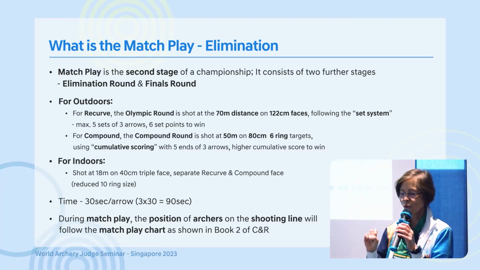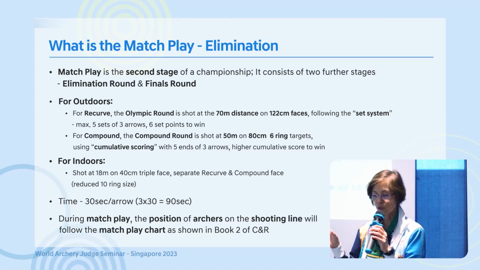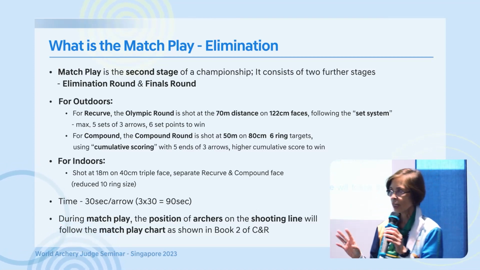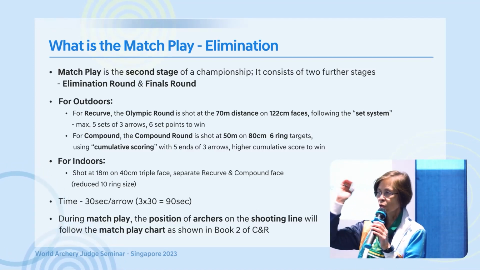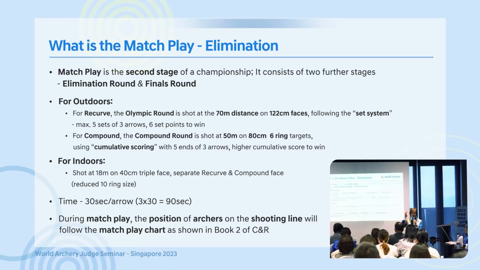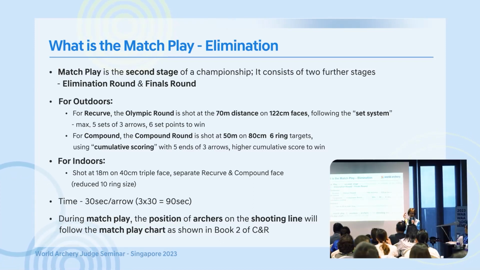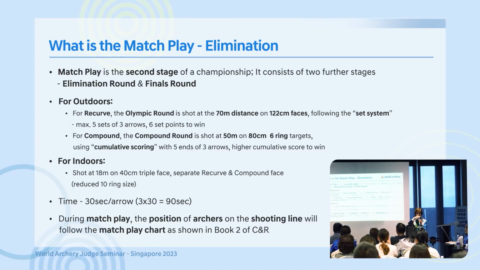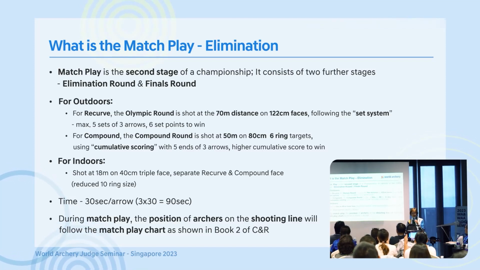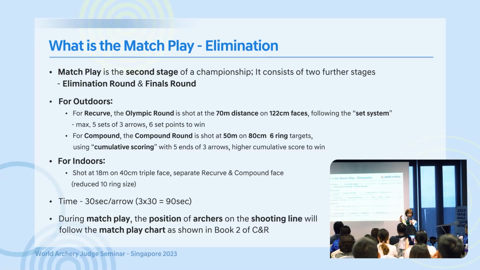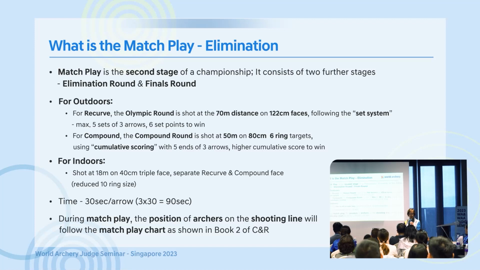And how do we score? We use the set system. What is the maximum to come up with a winner? 5 sets, or 5 points. Oh, no, 6 points. I'm getting ahead of myself. So, maximum 5 sets of 3 arrows and 6 set points to win.